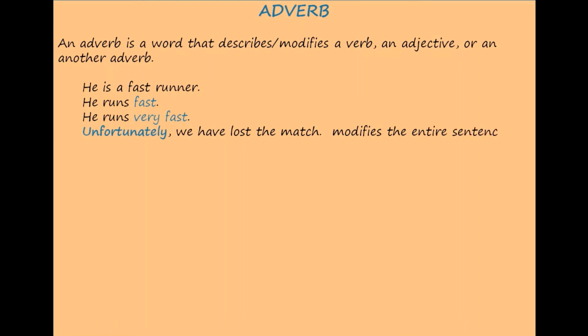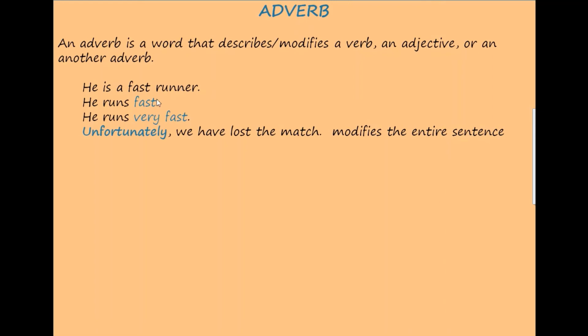When we look at these examples, we find that in the first sentence, runner is a noun and fast modifies runner. It means fast modifies a noun, and the word that modifies a noun is an adjective. So in the first sentence, fast is an adjective, because it modifies a noun here. Let us take the second example. He runs fast.